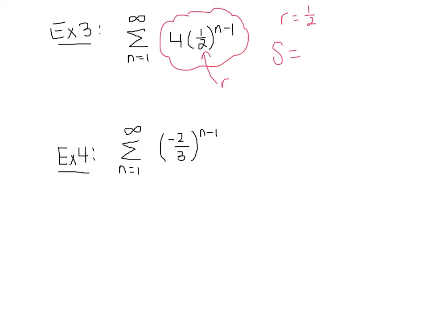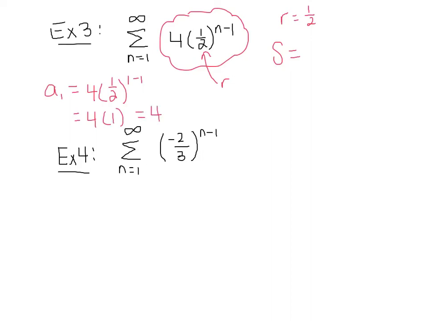A sub 1 means plugging in a 1 for n, so I would have 4 times 1/2 to the 1 minus 1 power. 1 minus 1 is 0, and 1/2 to the 0 power is 1, so this is 4 times 1. So your first term is 4.